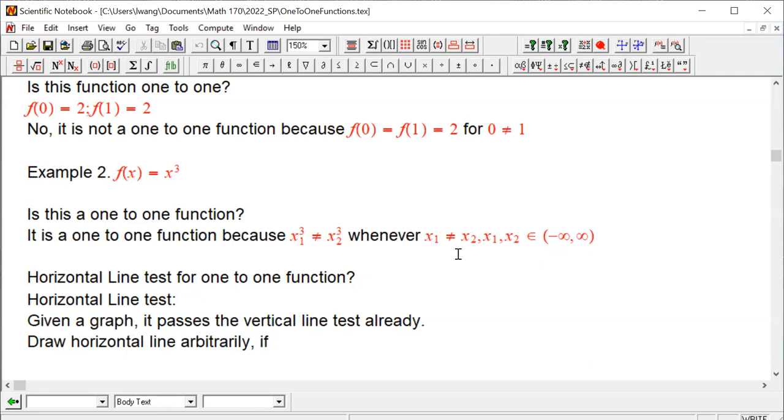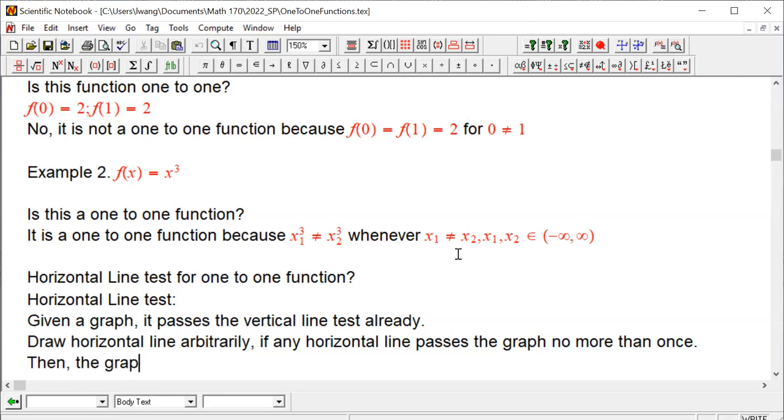If any horizontal line passes the graph no more than once, then the graph passes the horizontal line test.